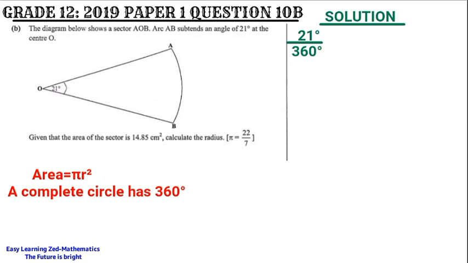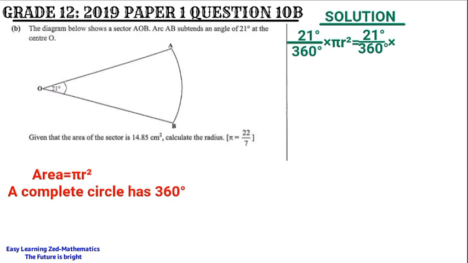Once I've done that, the next thing is to write the formula, which is pi multiplied by radius squared. So I'm going to say times pi radius squared. Then I write equal to 21 degrees over 360 degrees, then multiply by pi.